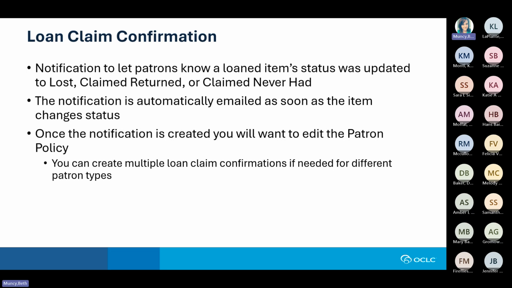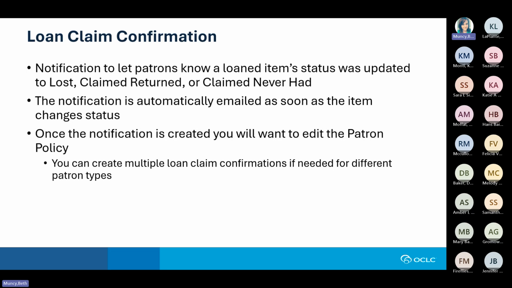The loan claim policy, again, as I mentioned before, lets your patrons know that the status of the item was updated, whether it was lost, they came and said it was lost, they claimed it as returned, or they claimed it as never had.